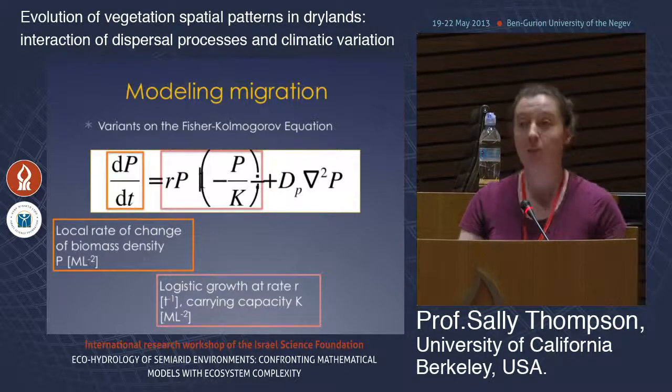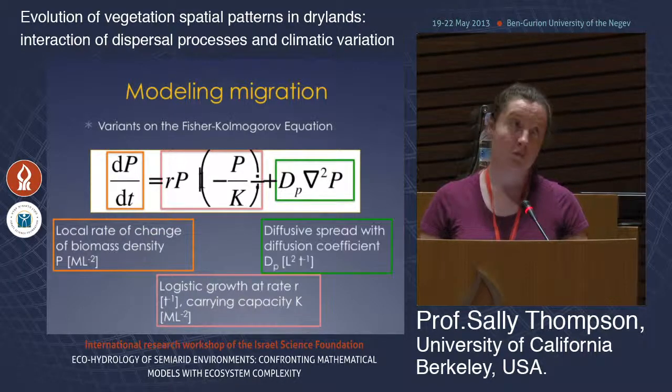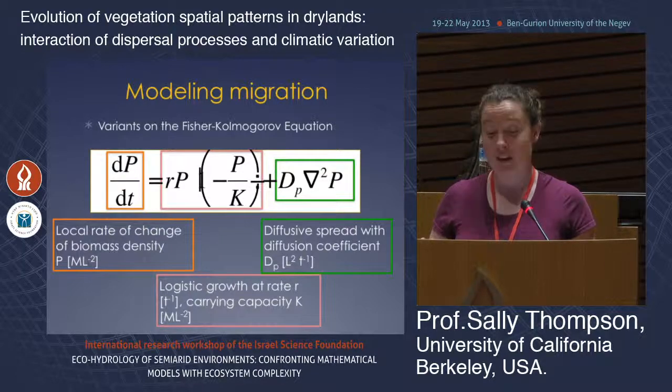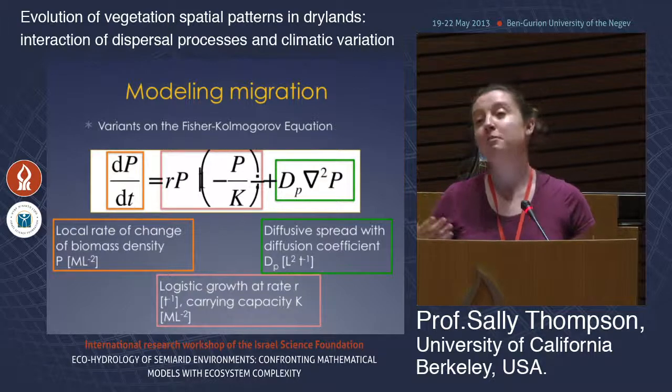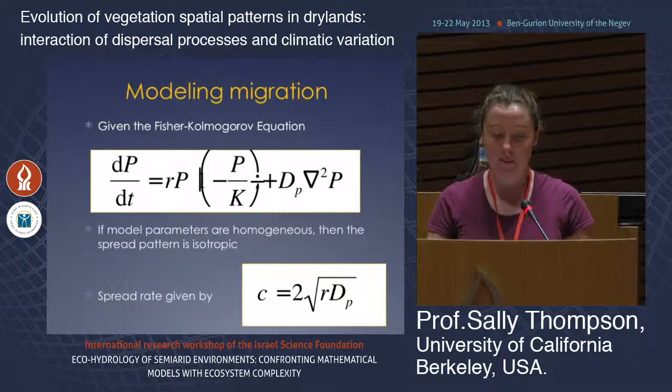And then for spatial spread, what we typically see in this Fisher-Kolmogorov equation is that spatial spread being represented as diffusion. So that's a dependence upon the gradient of the local biomass multiplied by some coefficient to represent the rate at which motion occurs.